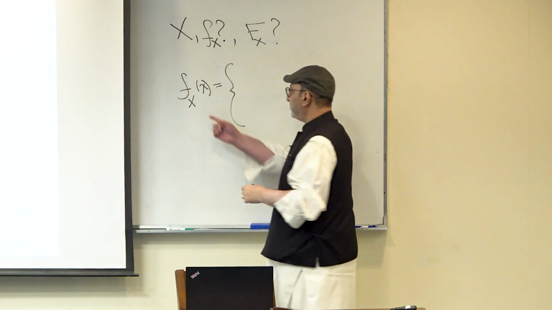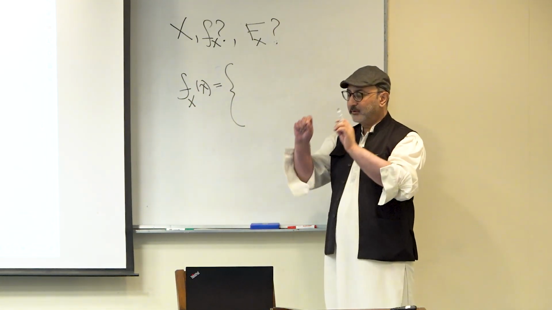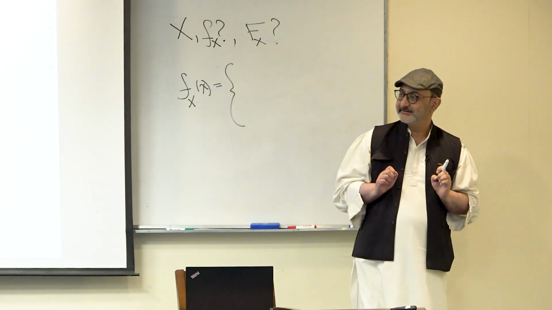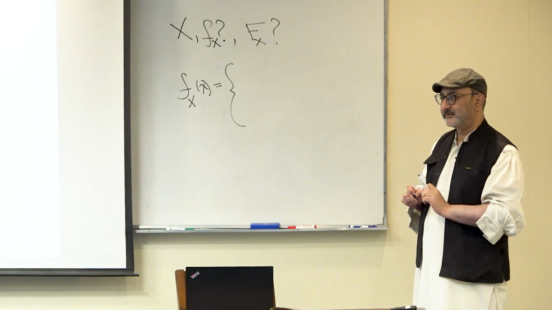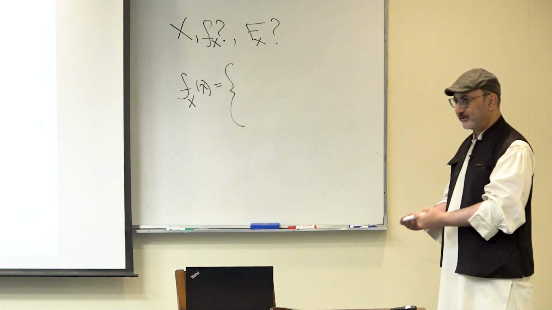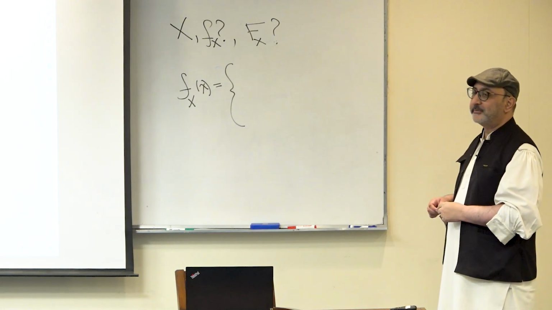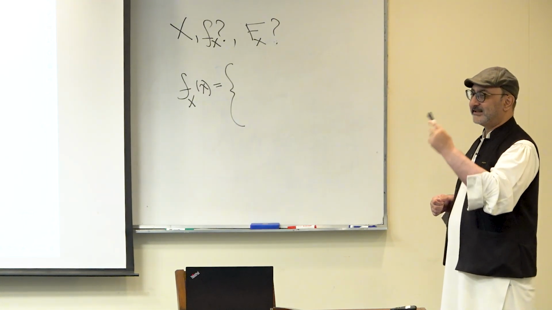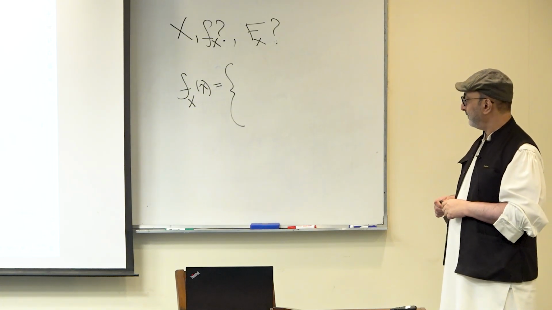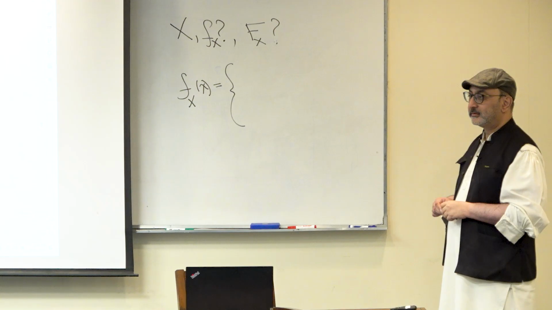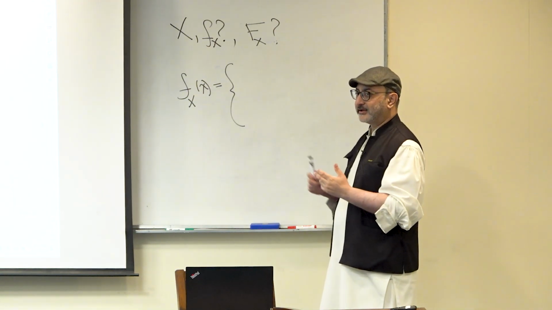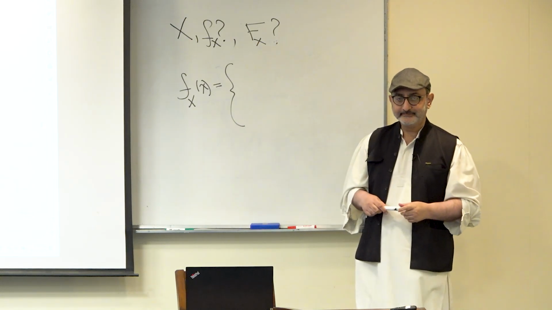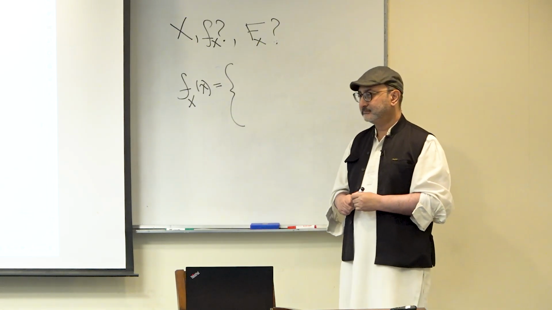So we need to give it a definition such that whatever real number small x I put into it, it returns the probability that capital X takes that value. So how would you define that? Right?